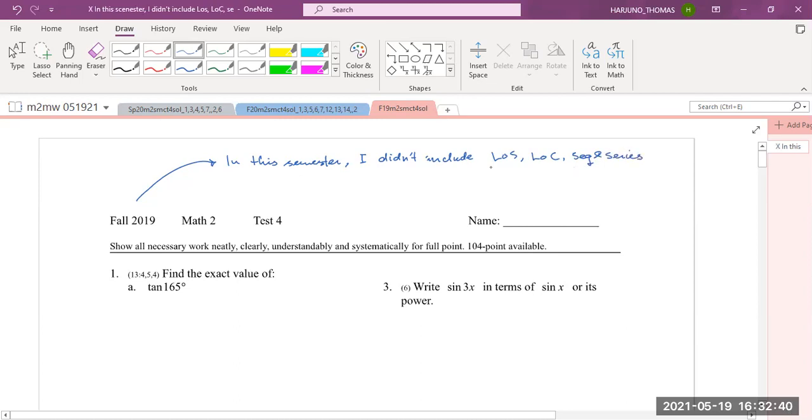I didn't include binomial expansion in test 4. Their test 4 happens to end at the end of chapter 6. So later on, after I'm done with these 3 problems that I said earlier, I will ask you to do some problems from here before we go over all of them.